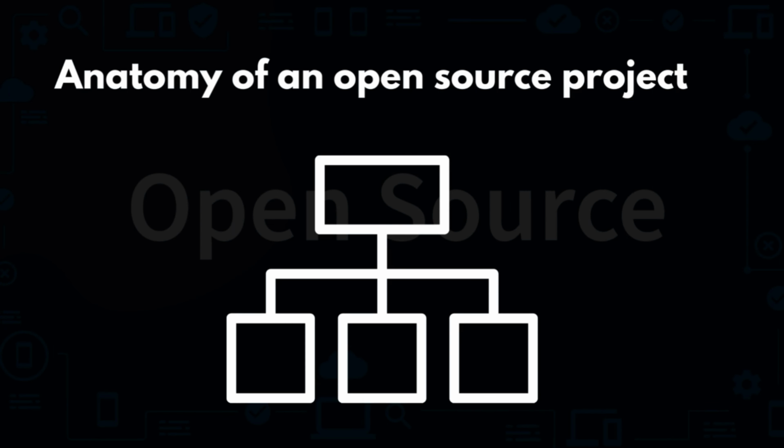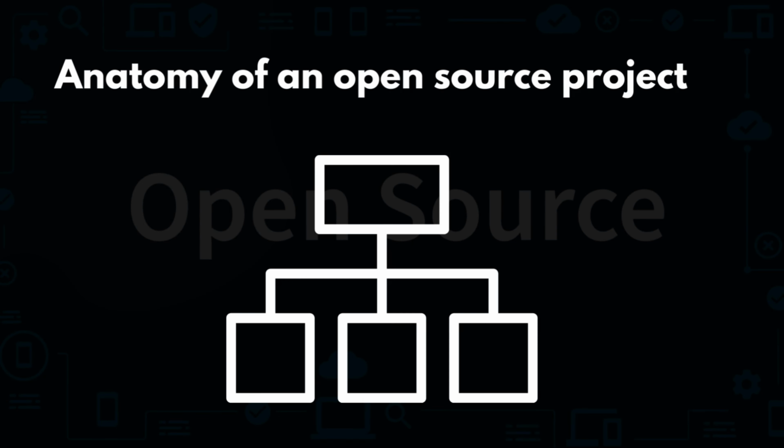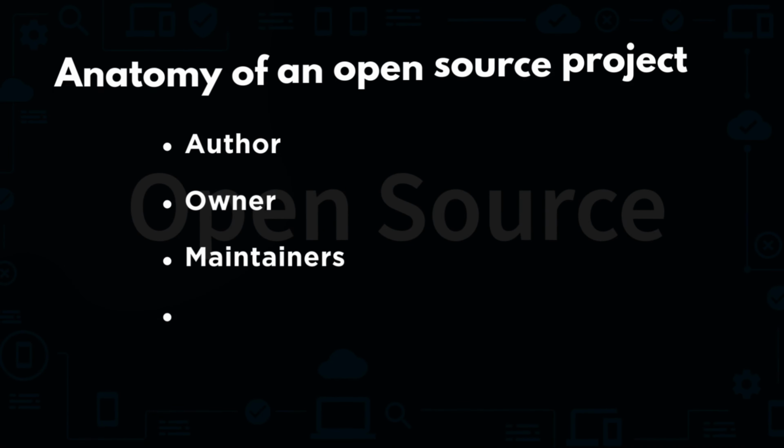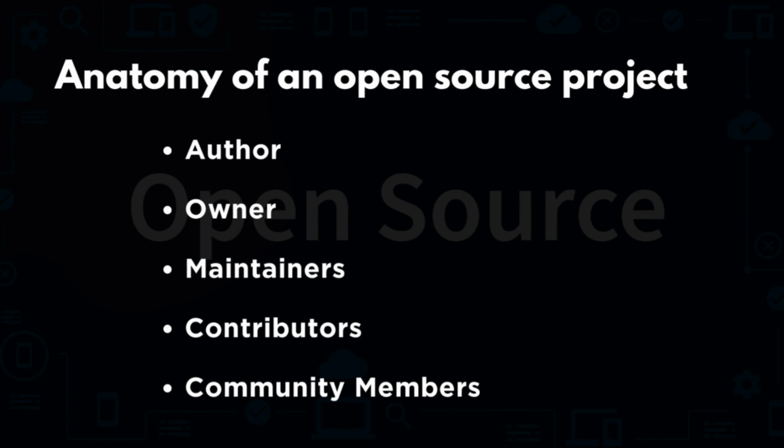These are a couple of things you have to keep in mind. A typical open source project has the following types of people. First, understand the developers who are part of that project. First is the author, the person or organization that created the project. Second is the owner, the person who has administrative ownership of the organization or repository.